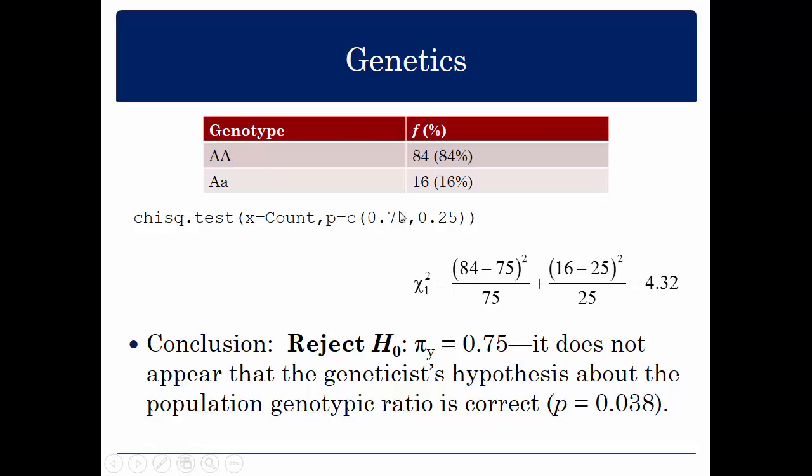This is the hypothesized proportion for the first category and the hypothesized proportion for the second category. So we think it's a 75-25 breakdown. We're going to compare that to the actual observed counts that we got in our data set. I gave you here the actual hand calculation for the chi-square statistic, so you can see that it is truly some measure of the difference between observed and expected.